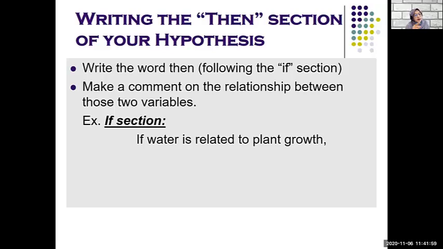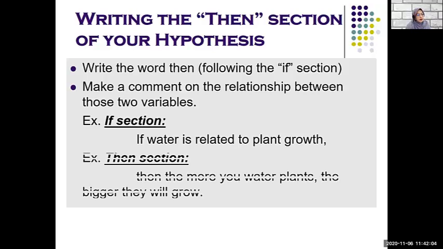For example, if water is related to plant growth, then the more you water plants, the bigger they will grow.